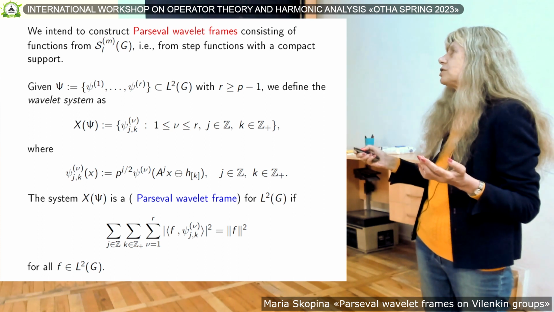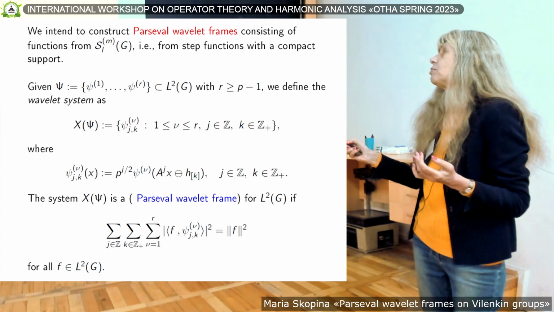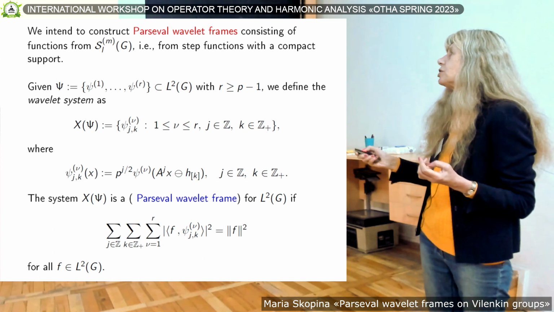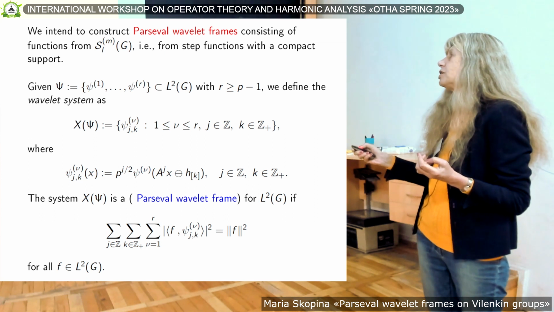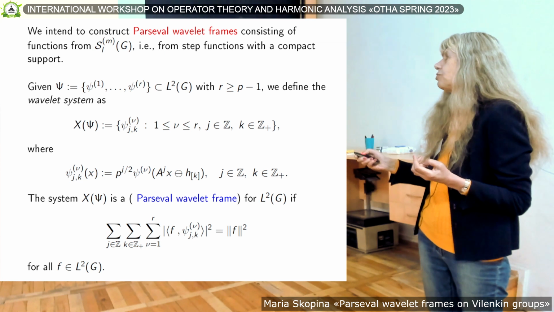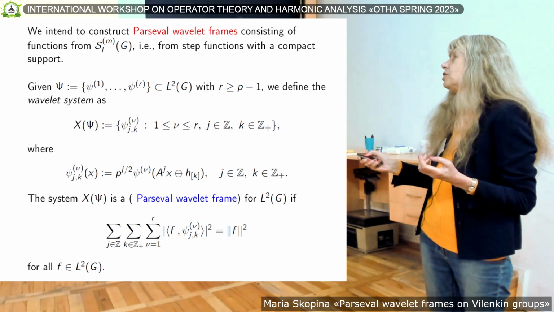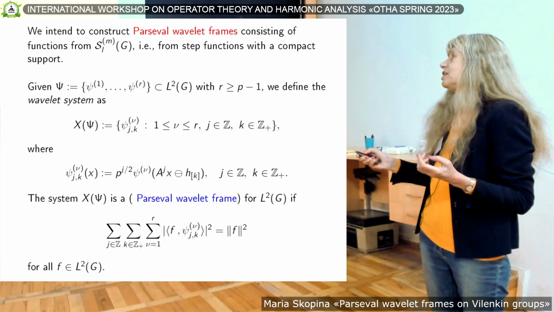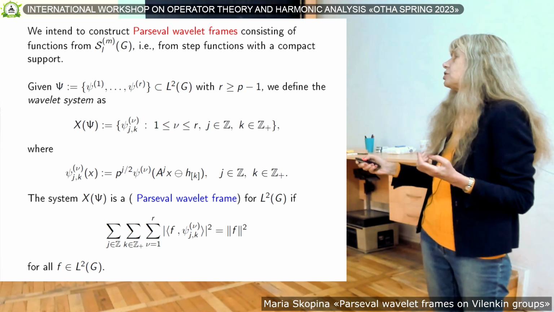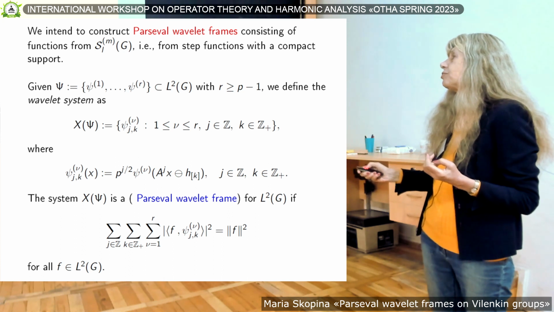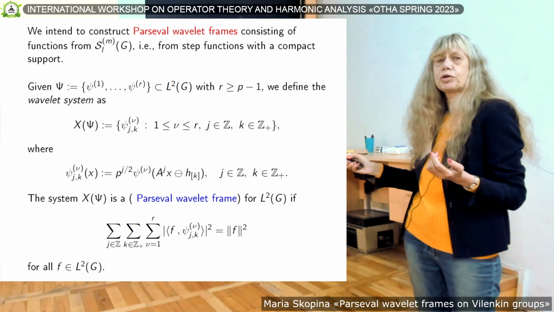As in usual analysis, it is generated by a finite number of wavelet functions and consists of dilations and translations of these functions. A wavelet system psi is called a Parseval wavelet frame if this holds true for all f from L2 of G. It is clear that this is a generalization of an orthonormal basis.